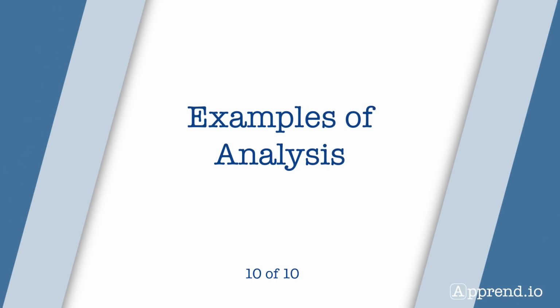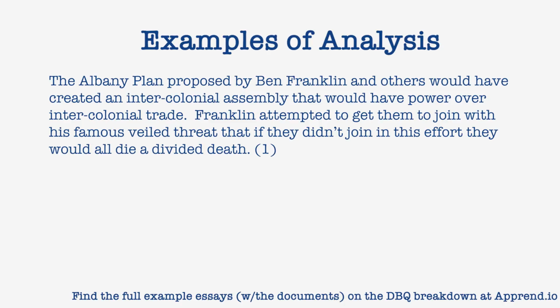A good example of HIP can be seen in sample A. In paragraph 3, sentence 3, it says, the Albany Plan proposed by Ben Franklin and others would have created an intercolonial assembly that would have power over intercolonial trade. That is the historical context for document 1, because then the student goes on to use the content of the document.